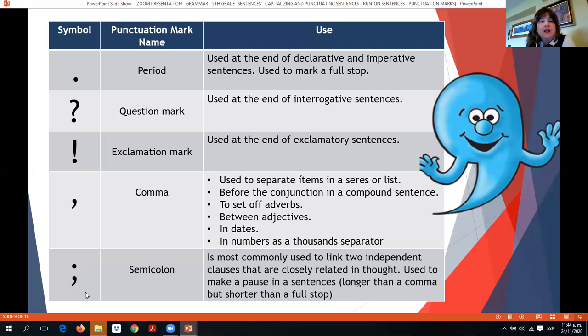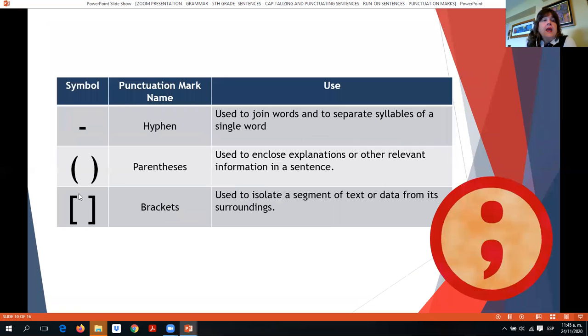We have the semicolon. It's most commonly used to link two independent clauses that are closely related in thought. And it's used to make a pause that is longer than a comma, but shorter than a full stop, okay? And we have the hyphen. Do you have practice with the hyphen use in math a lot? Okay, we use it to join words and to separate syllables on a single word.